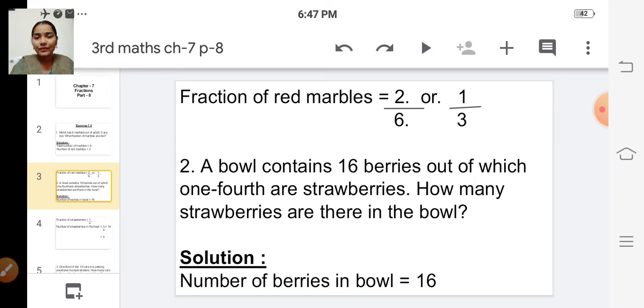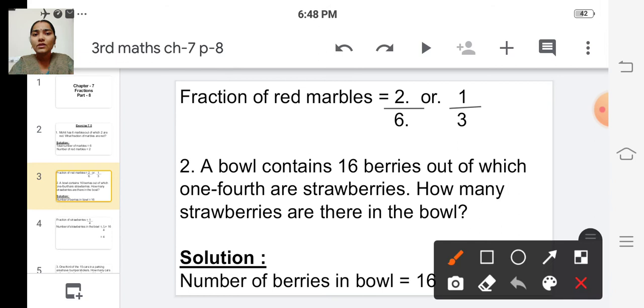But in the second problem they have given the fraction 1/4 and they have asked the number of strawberries. So understand the difference.